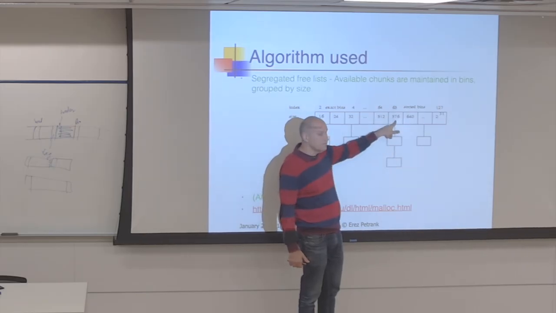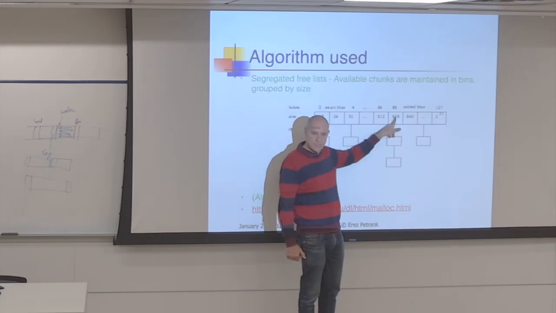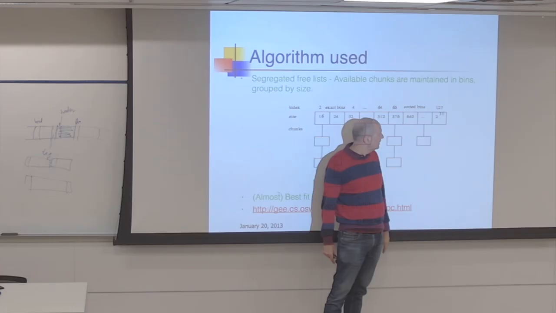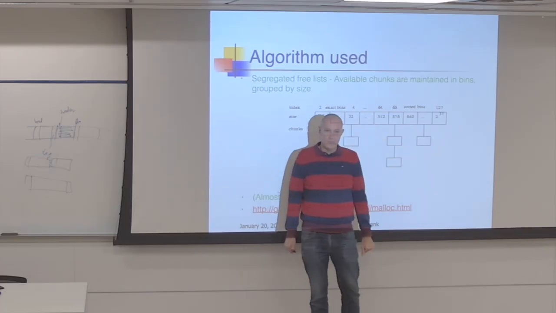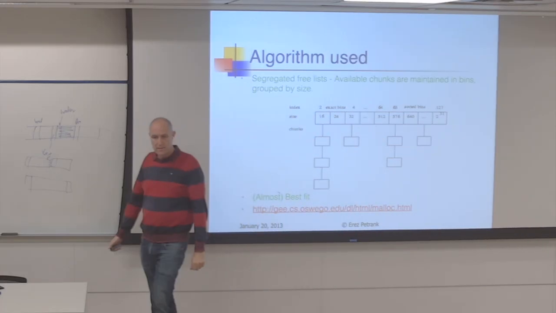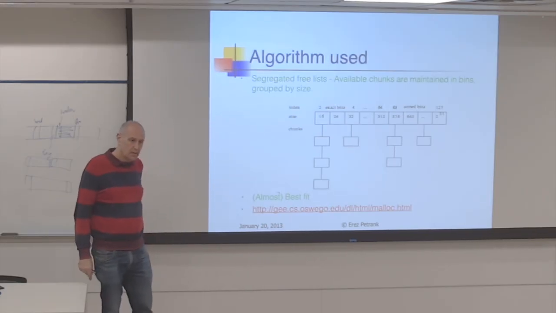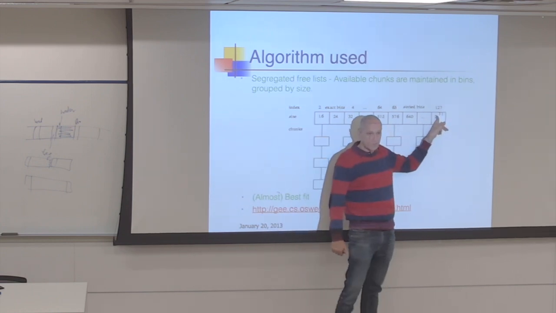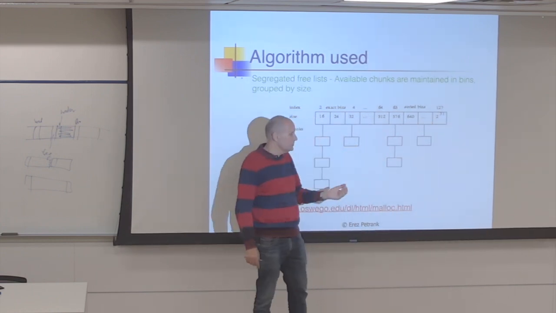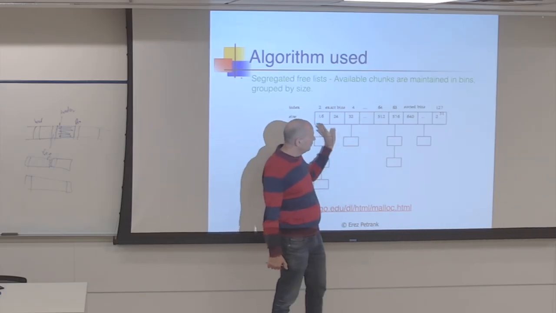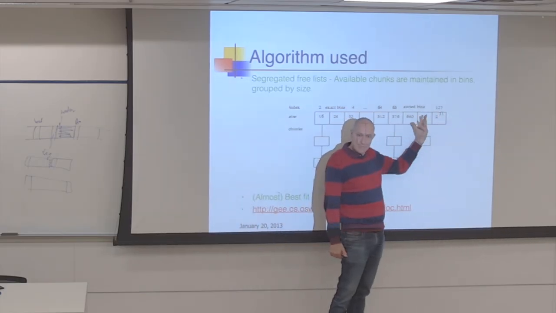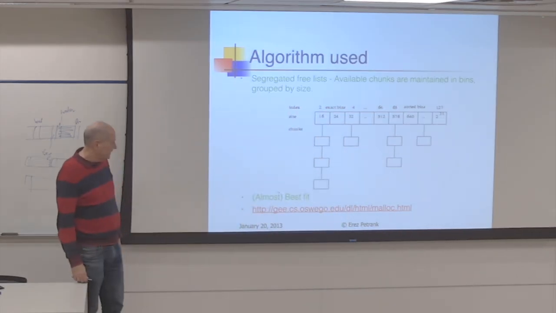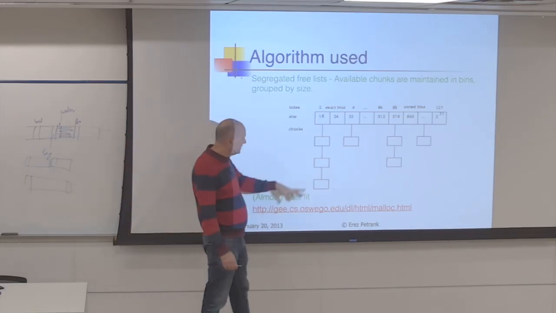So between 512 and 576, there was a single list for all this range and so forth, until you get to 2 to the 31, which is 2 giga. This is the largest you can allocate here, but all in 127 bins because he used ranges at higher sizes. And so this is used for best fit.